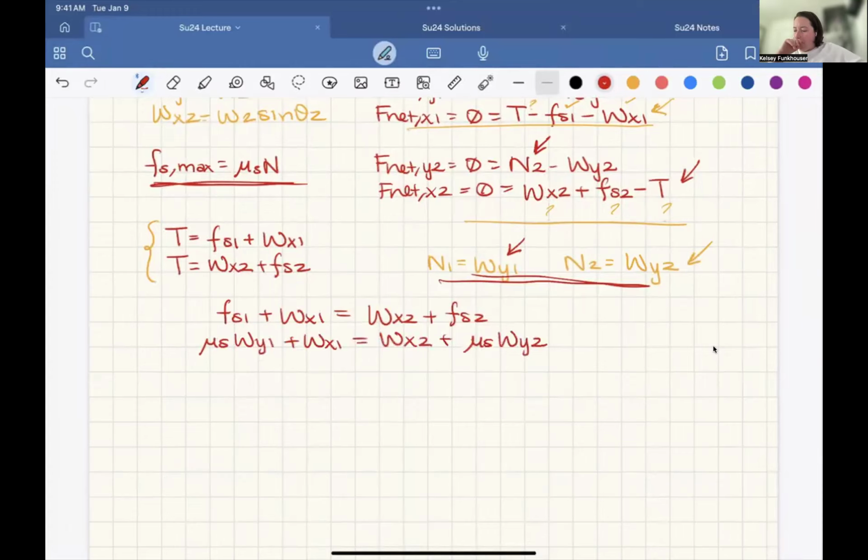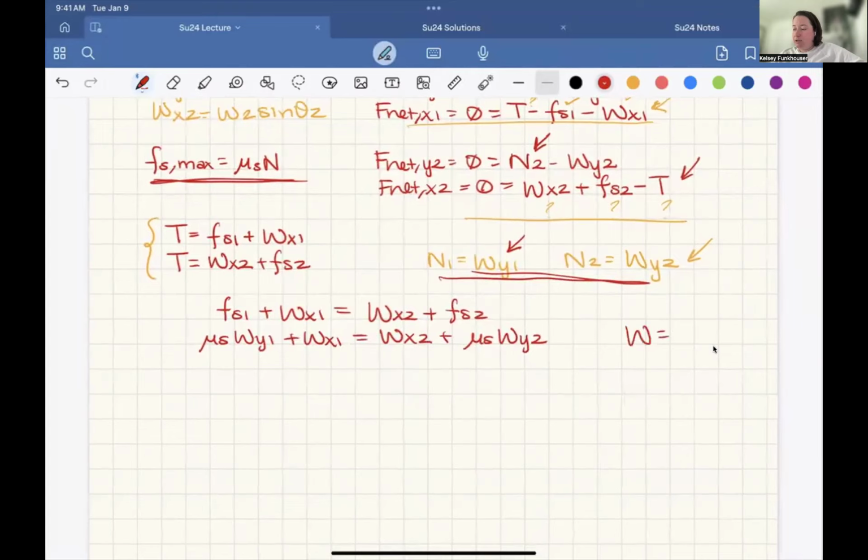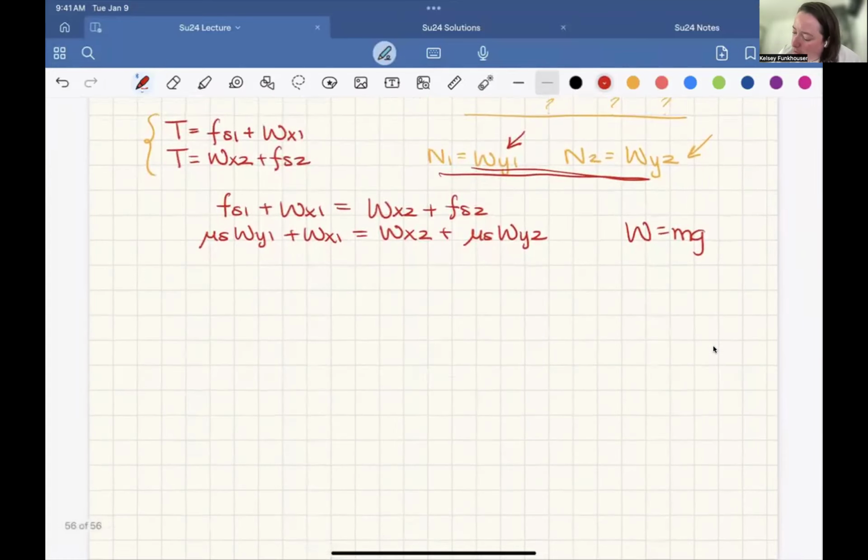So now let's pull in what weight is equal to, which is mg, because we're, again, solving for mass 2. So let's actually get it in our equation. So mu s m1 times g. This is the y component, so that one is cosine theta 1. And then m1 g sine theta 1.